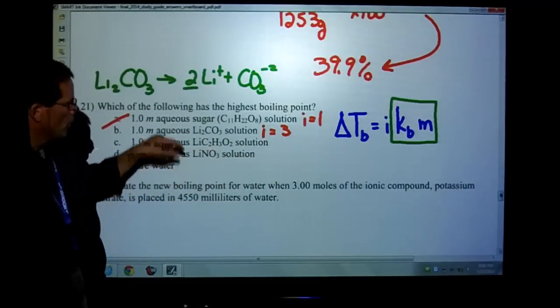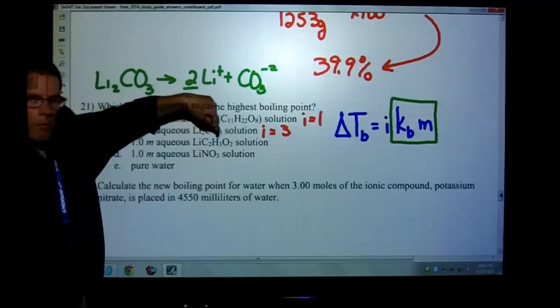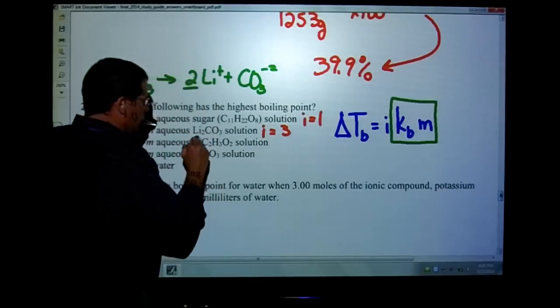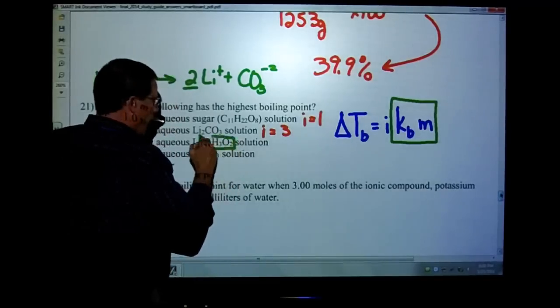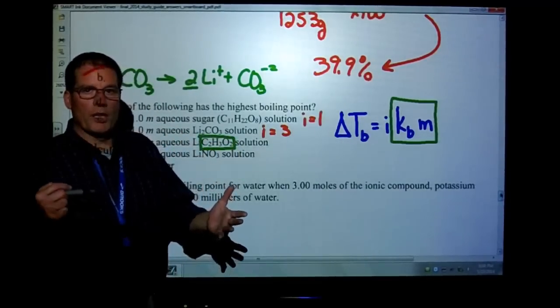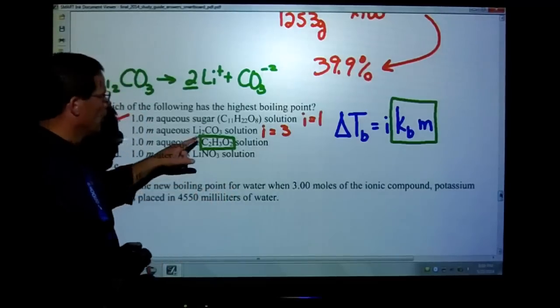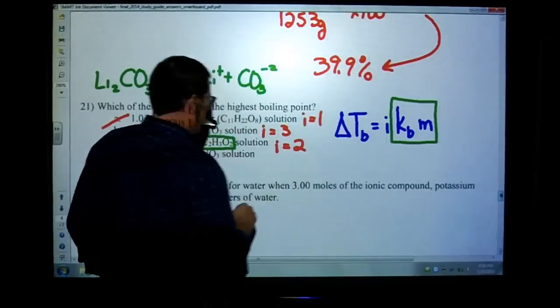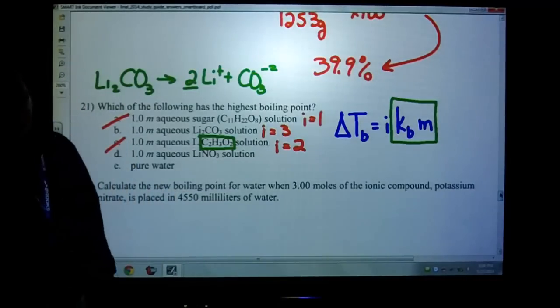Let's look at this one. Again, we have lithium acetate. Acetate is a polyatomic ion that does not break apart. The lithium is 1 particle, the acetate is a 2nd particle. So in this case, the i value is equal to 2. So C is out.